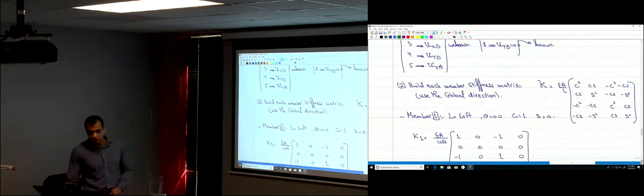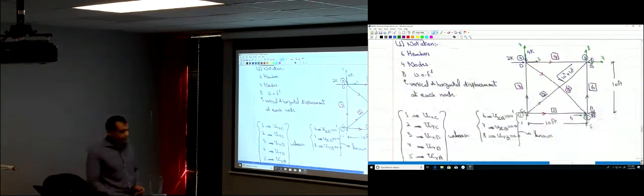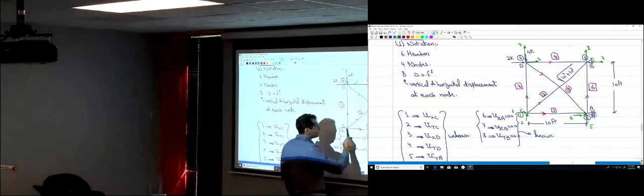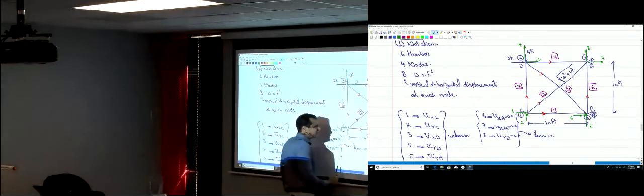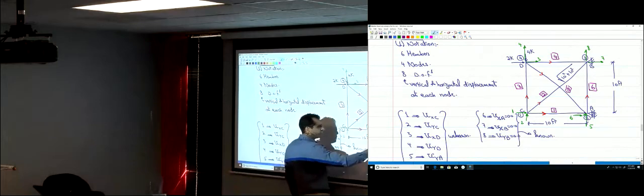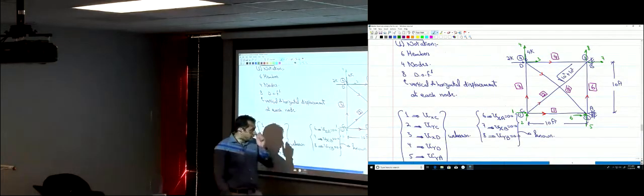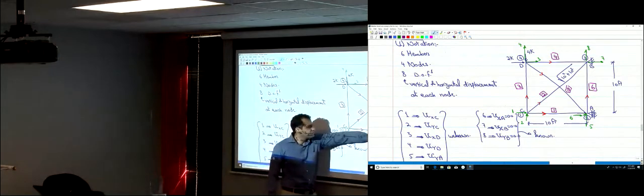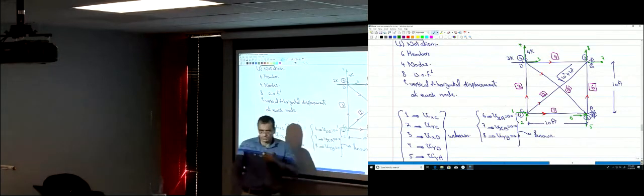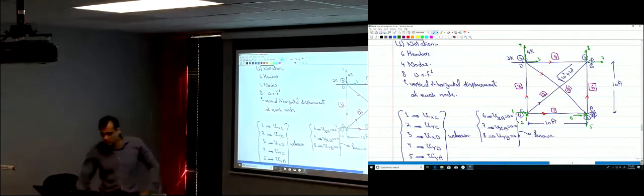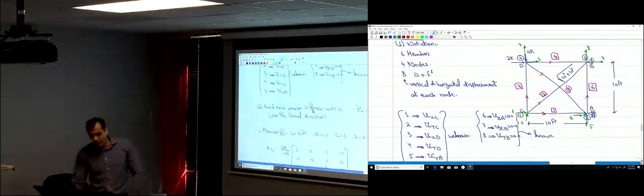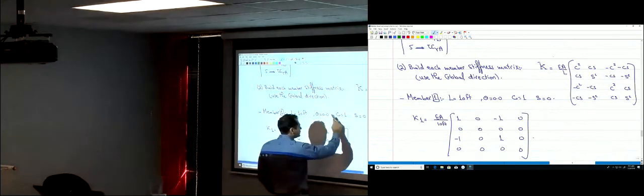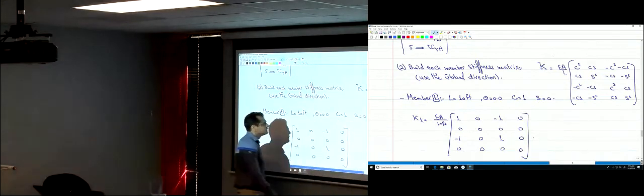So here we started doing this for member 1. Member 1 here starts at this node and ends at that node. So the direction here, this is the direction from the start to the end. So theta is 0 from the global, that's the global direction, and that's the local direction as well. So theta is 0, so C is 1, and S is 0. Cosine 0 is 1, and sine 0 is 0.